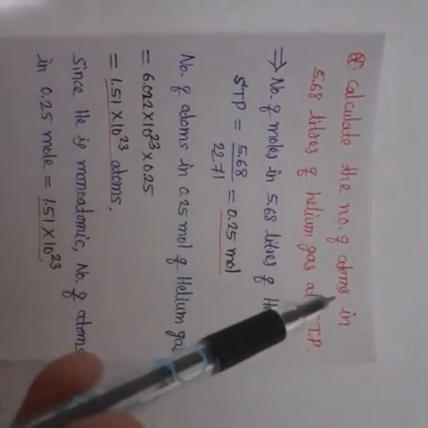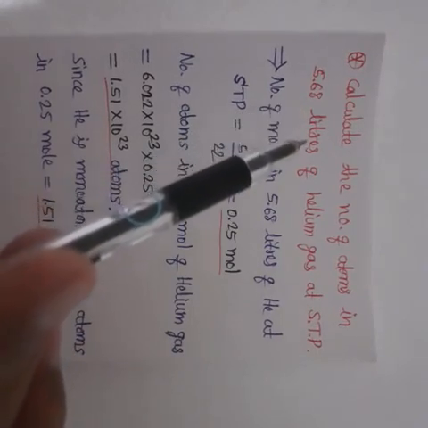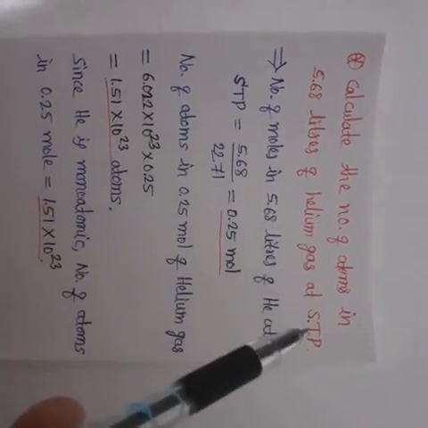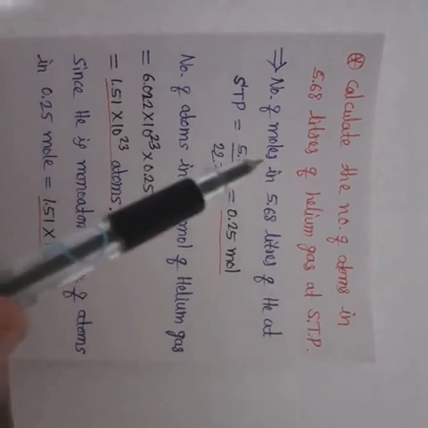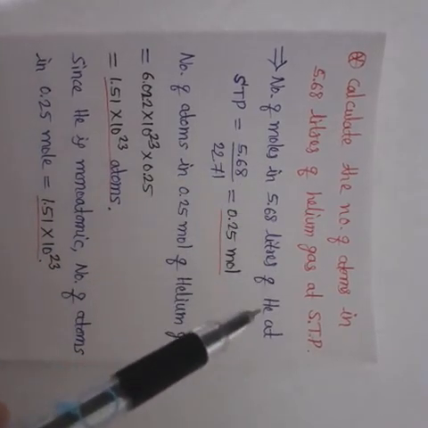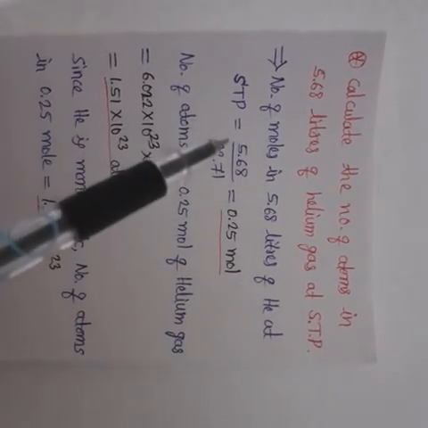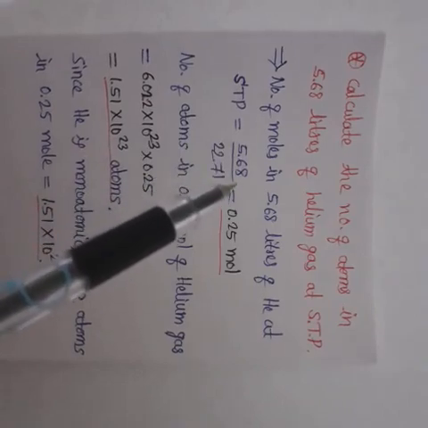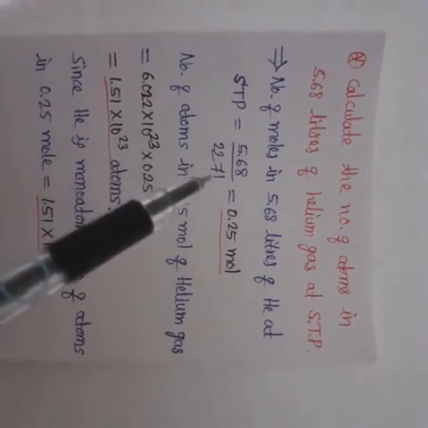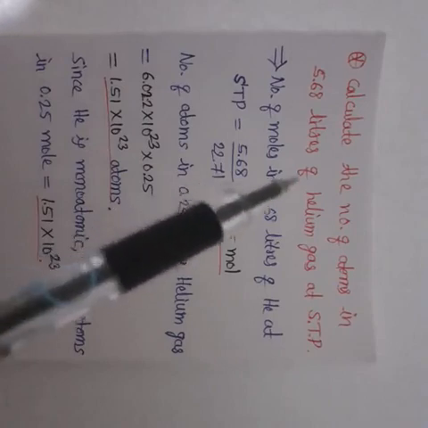Calculate the number of atoms in 5.6 liters of helium gas at STP. The number of moles in 5.6 liters of helium at STP is equal to 5.6 liters divided by 22.4.